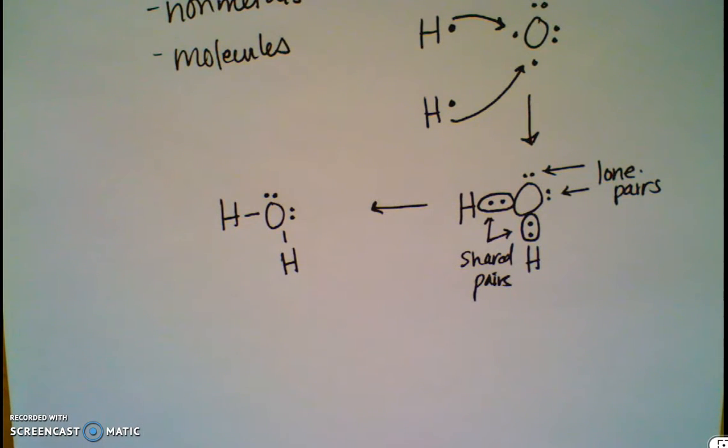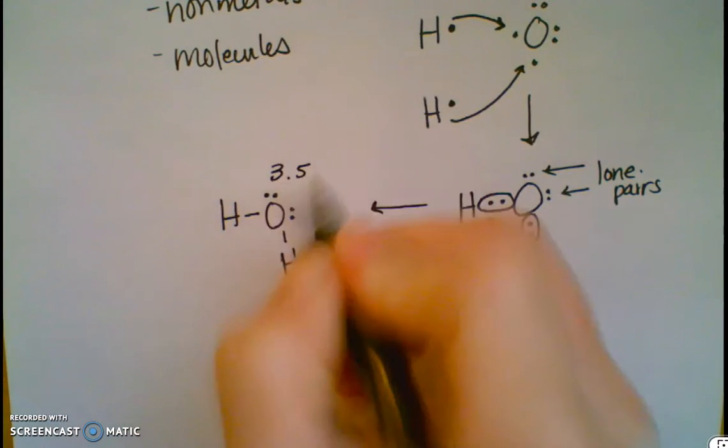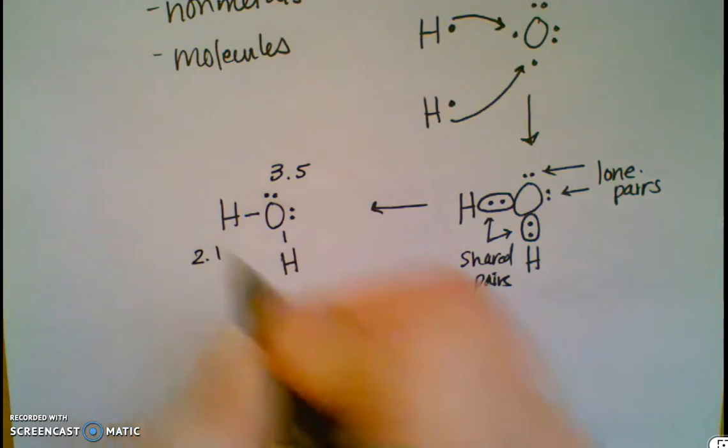Now, if we look at this oxygen, what you will find is if you were to do the math on the bonds, which is the electronegativity, oxygen is 3.5, hydrogen each is 2.1.